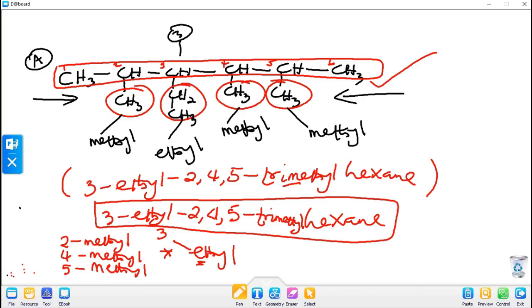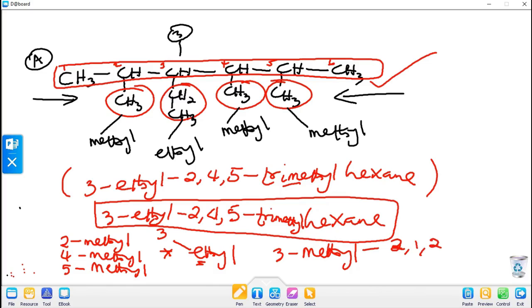I would like us to note at this juncture that whenever we have numbers and letters written like this, numbers are usually separated from letters with a hyphen, while numbers are separated from numbers with a comma.